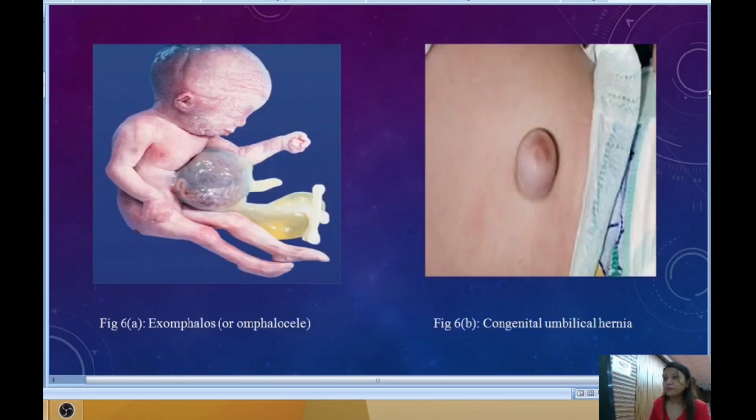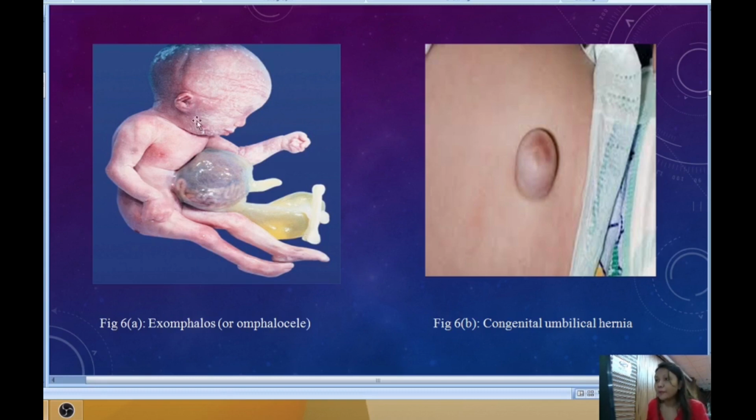So you can see the picture, right, everyone? Kindly respond. All this intestinal loop has come out through the umbilicus, and this thin membrane covering it is the amnion. So what happens in embryology? Normally in embryology the midgut loop comes out and then it goes back inside.